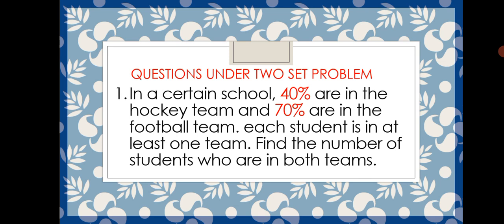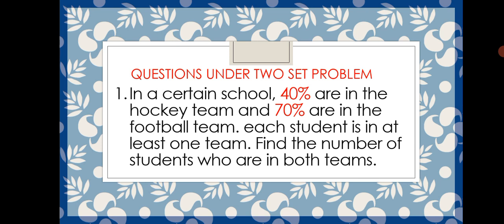Each student is in at least one team. Find the number of students who are in both teams. I take it once again: in a certain school, 40% are in the hockey team and 70% are in the football team. Each student is in at least one team. Find the number of students who are in both teams.